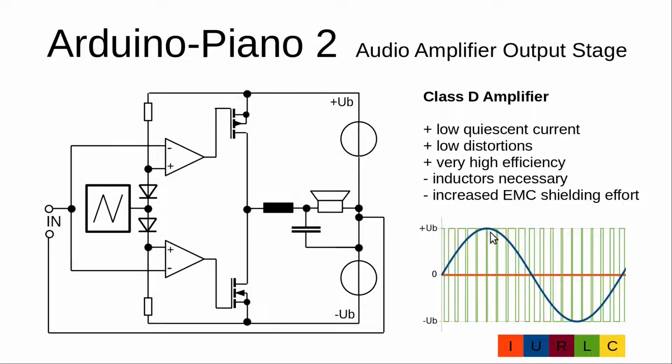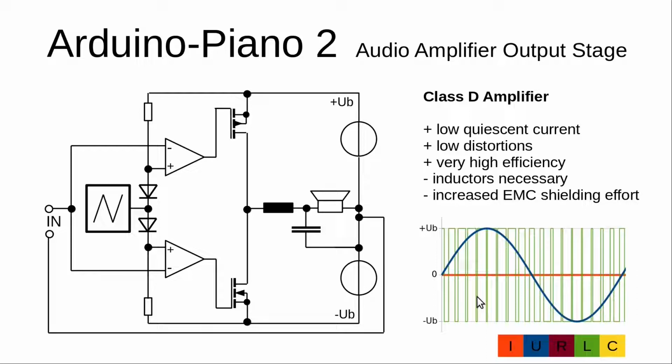For very high output voltages, the positive supply voltage is turned on for a very long time and the negative supply voltage is turned on only for a very short time. For very low output voltages, the negative supply voltage is turned on for a long time and the positive supply voltage is turned on only for a short time. With a low-pass filter, the high-frequency PWM is filtered out and it remains a low-frequency analog voltage.